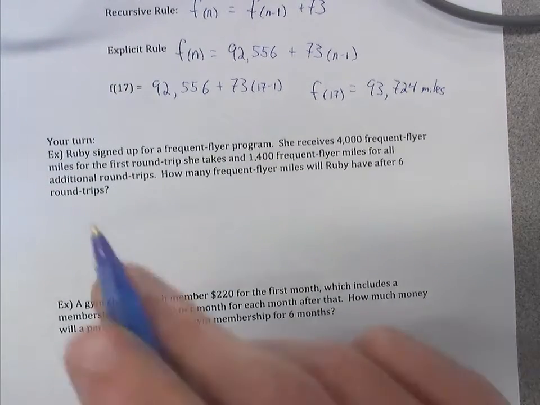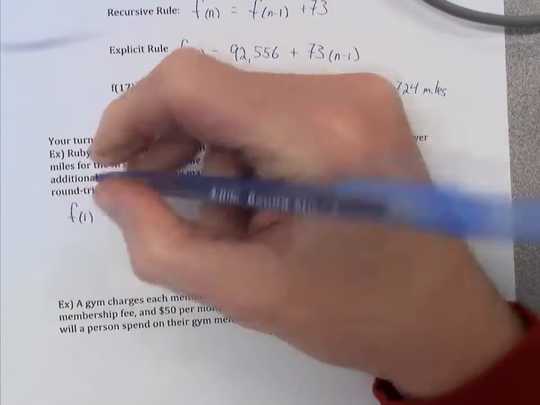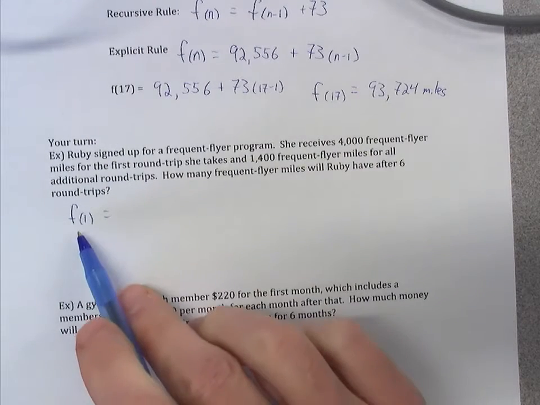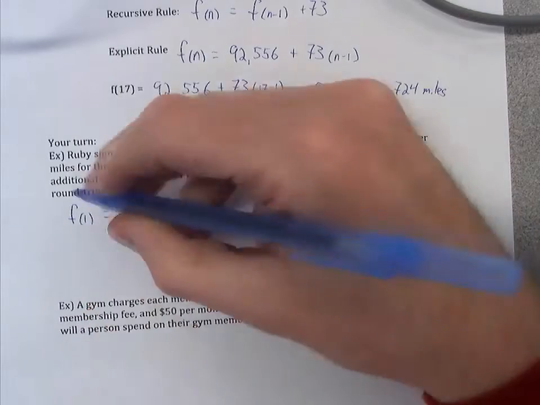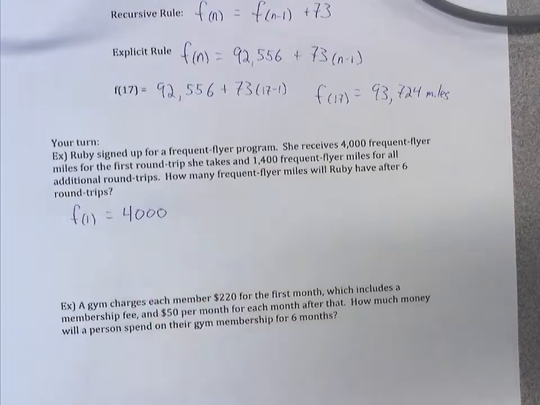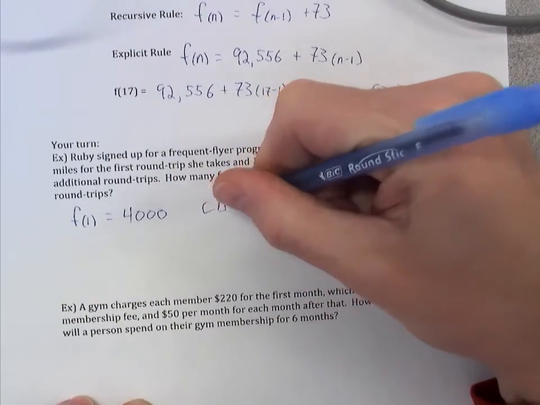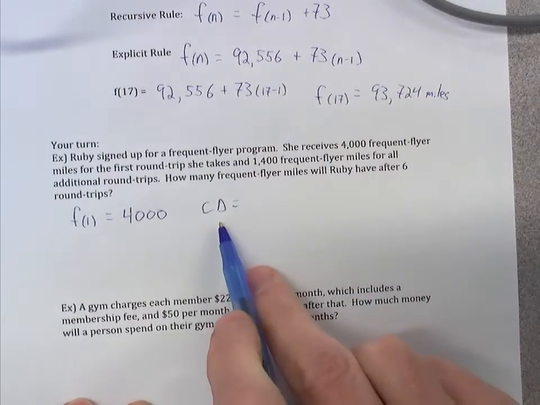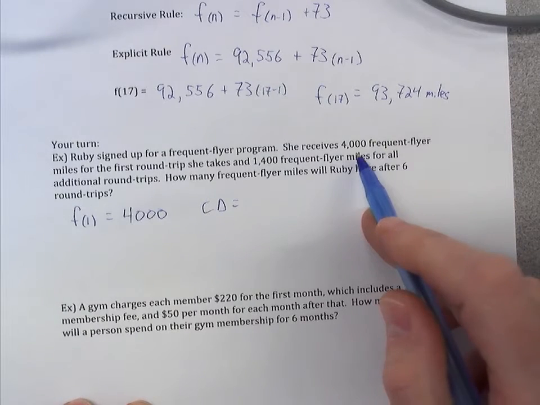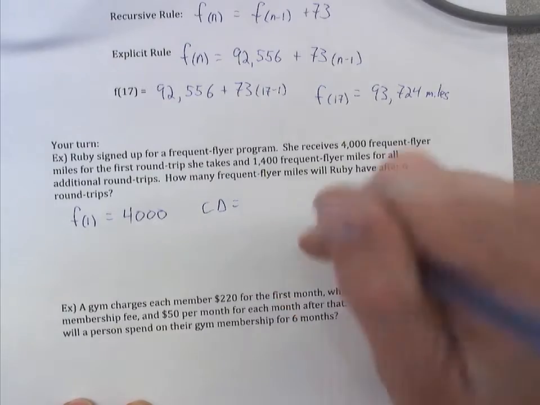So we want to talk about first, what is f of 1? In other words, if n was 1, what's going to be the function? The function is just simply going to be the amount of miles she gets right from the start. She gets 4,000 frequent flyer miles. And so now the question is, what's the common difference? Well, the common difference is how much is going to be added after that. So after the 4,000 original miles, she's going to get 1,400 frequent flyer miles every time she flies.